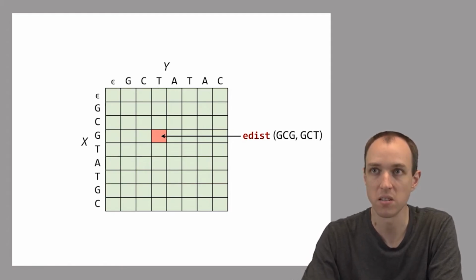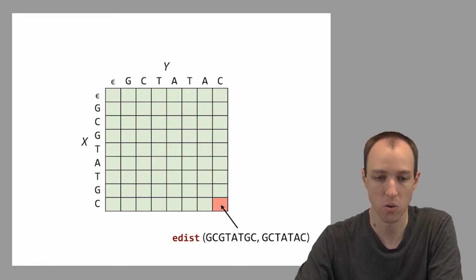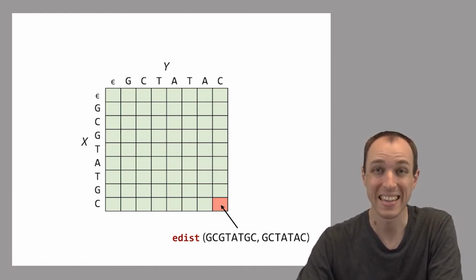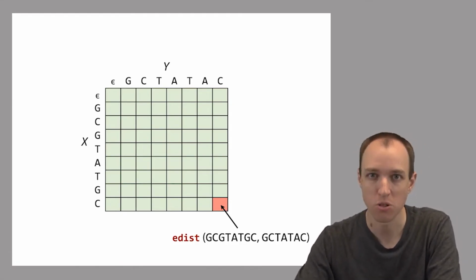So this element will contain 1 after we're finished filling in this matrix. In the element that's all the way down here in the lower right-hand corner, that element is special because we will eventually write into that cell the edit distance between the entire string x and the entire string y, which is what we're after, right? That's the edit distance between x and y.